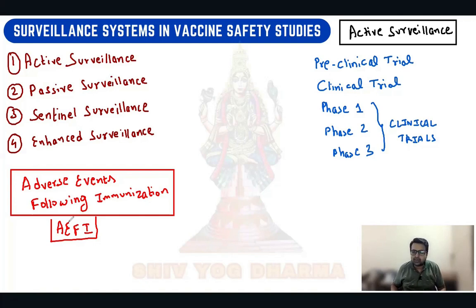So it is possible, like in the preclinical trial, we administer it into any animal. Rather than going for a human body, we first administer that into an animal and check whether that vaccine is showing side effects in that animal. And there are scenarios available for that.